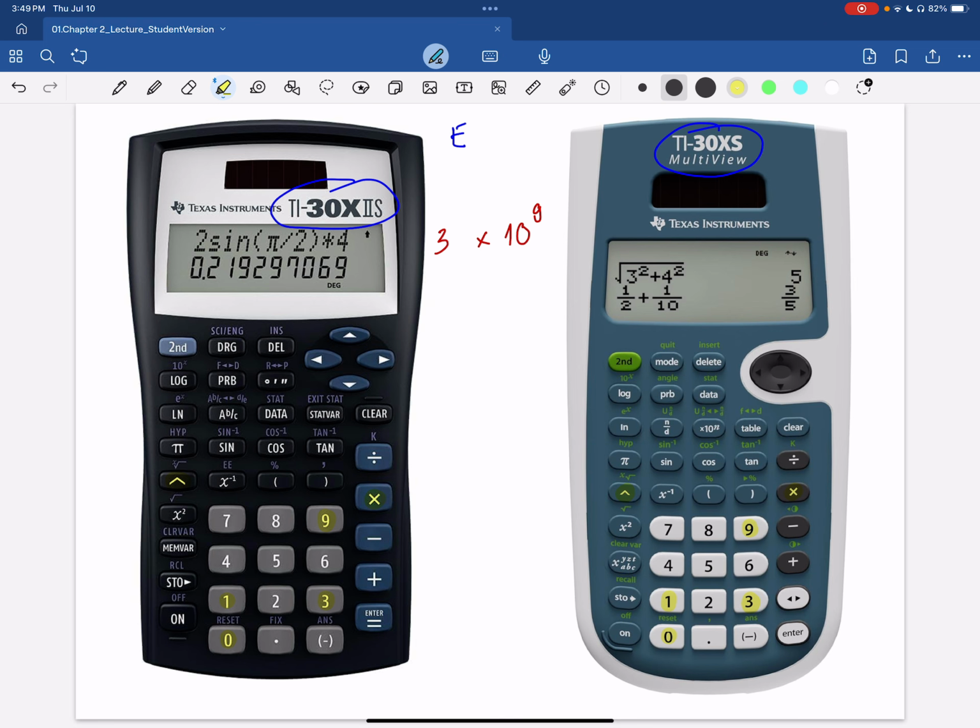Because when you put an important equation or number in parentheses, the calculator will perform that expression first. So to avoid errors or confusion, put important expressions in parentheses. That is for scientific notation, and I will see you in the next lecture.